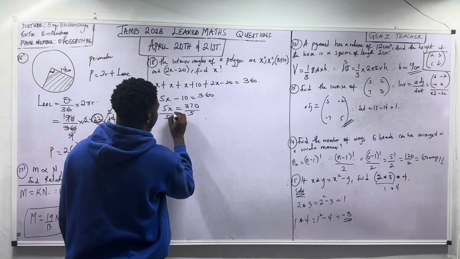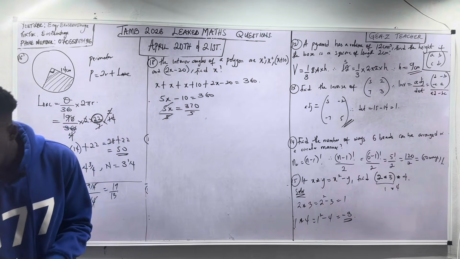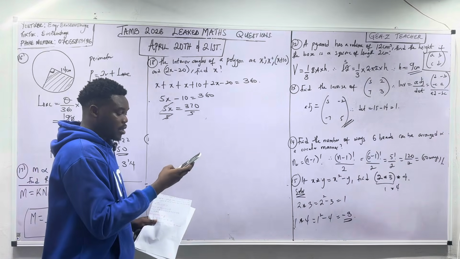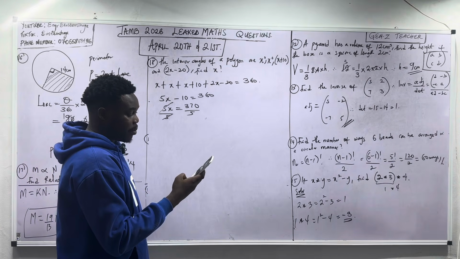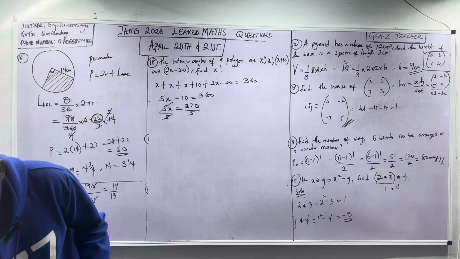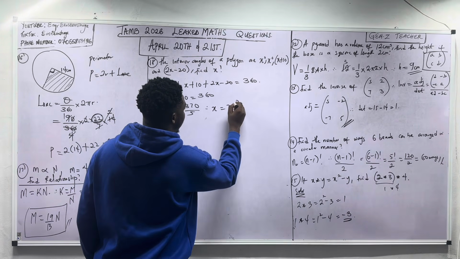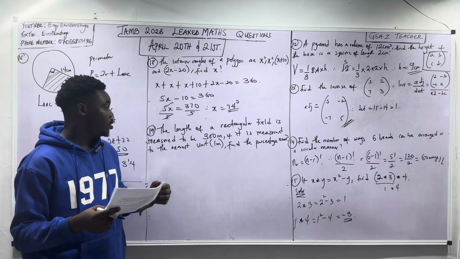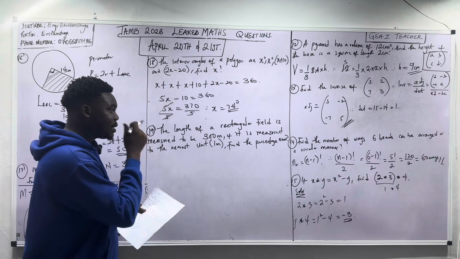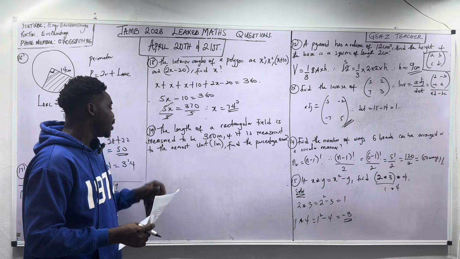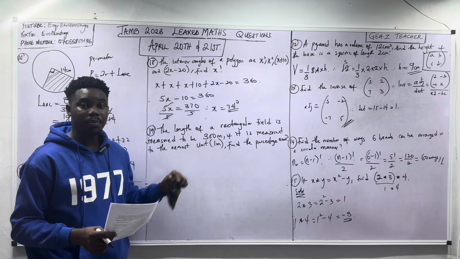Divide both sides by 5. Calculator, hold on. Okay, so we're having 370 divided by 5, and the answer to that question, that's the x value, is 74 degrees.